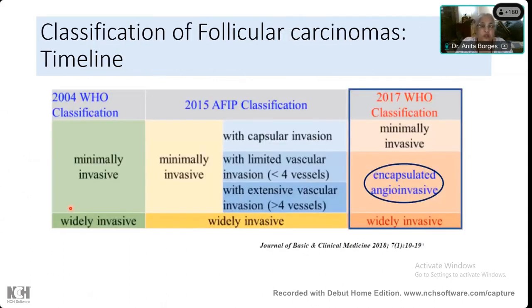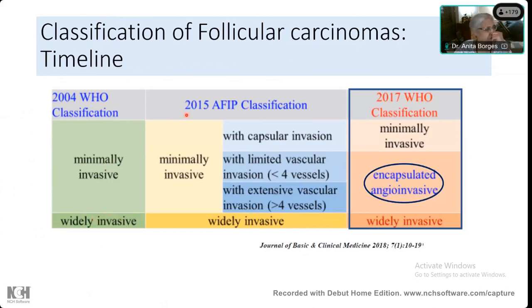So if we look at this timeline now, okay, I was telling you all about the 2004 WHO classification. We had, as far as follicular lesions were concerned, and I'm not talking now about those with papillary thyroid-like nuclei, these are just follicular lesions, you could divide them into minimally invasive and widely invasive.